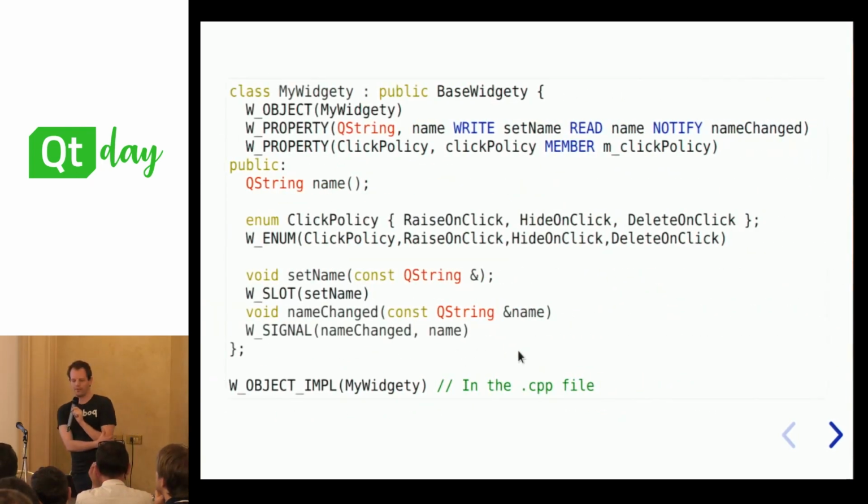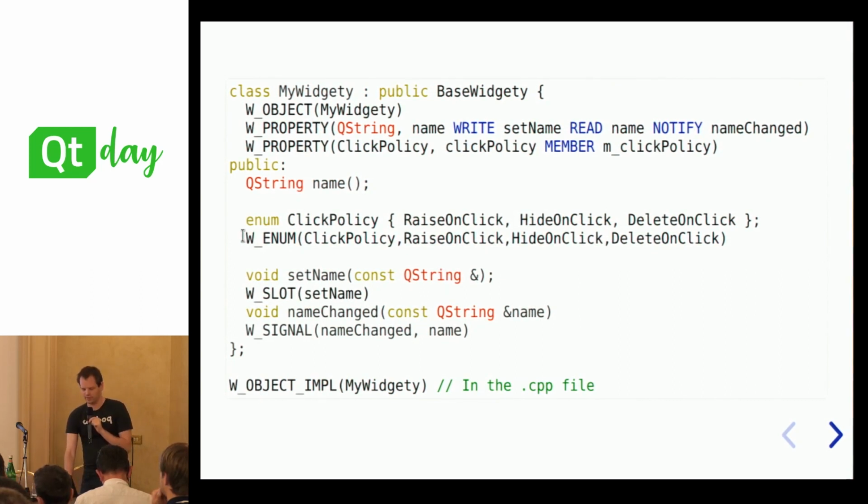So now I've ported the example from the beginning to Verdigris, and here is how it looks. So as we see, it's not so different. In the C++ file, we add this, the W_OBJECT_IMPL. But other than that, it's quite similar.